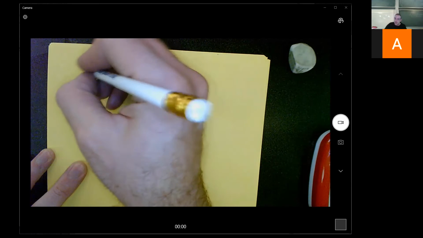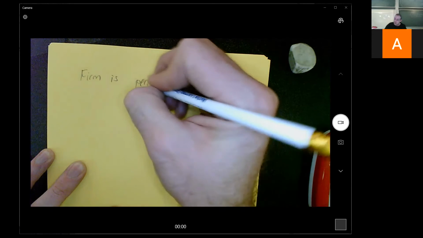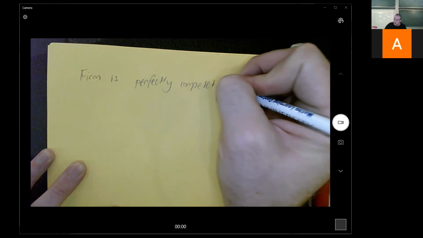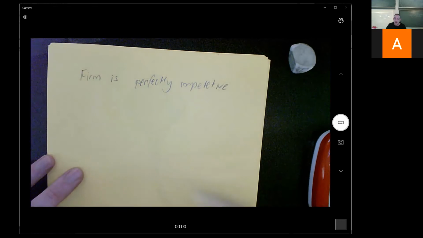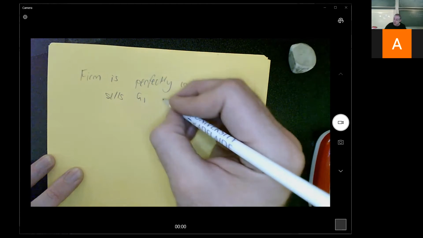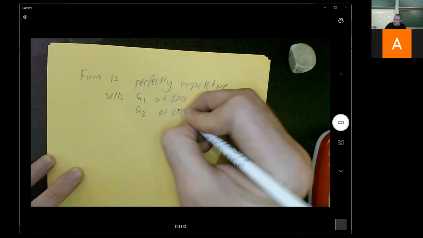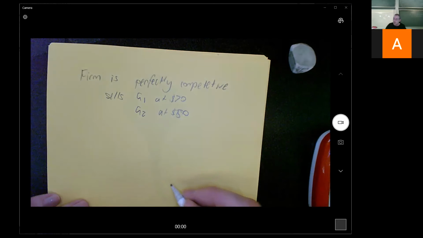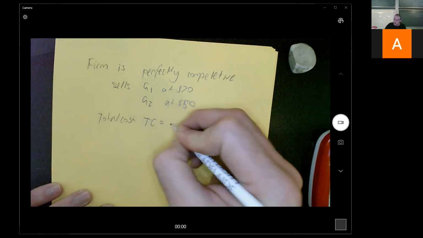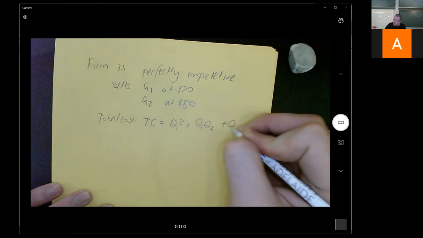So I have 2 goods. A firm is perfectly competitive. Sells G1 at $70 and G2 at $50. Total cost is Q1 squared plus Q1 times Q2 plus Q2 squared.